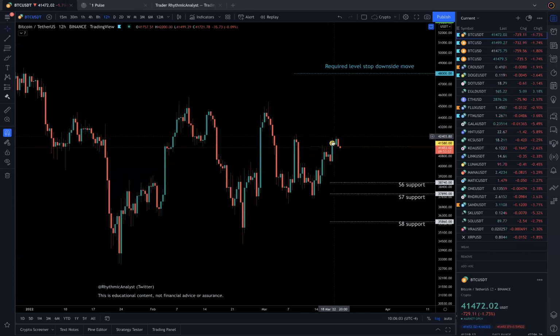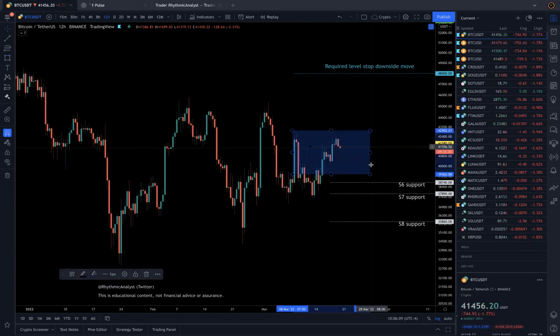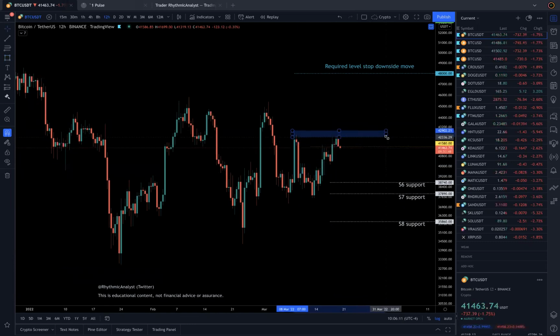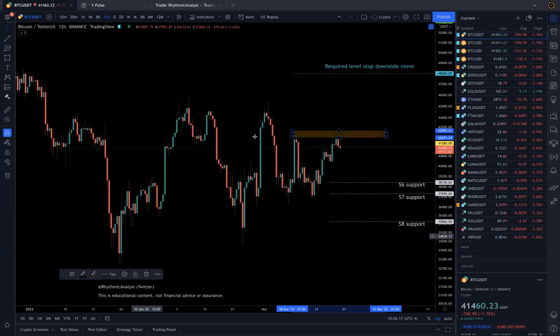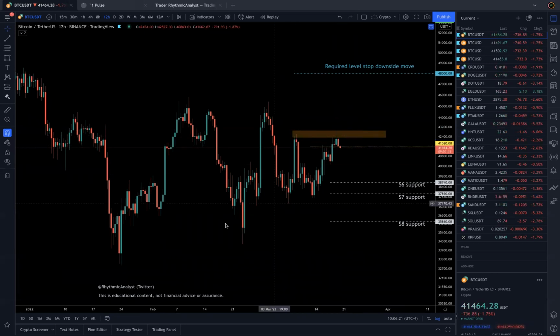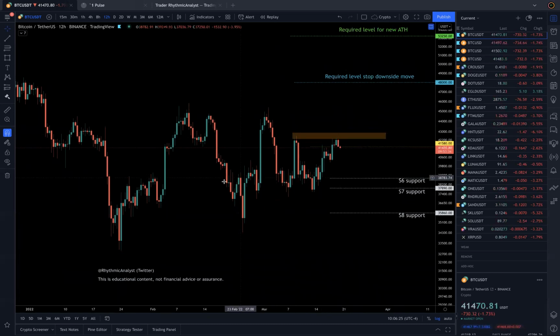But let me simplify it and draw a simple band here with an orange line, just to cover this high and then the recent high. I would say this is the most important one because we want to see Bitcoin making a new high.